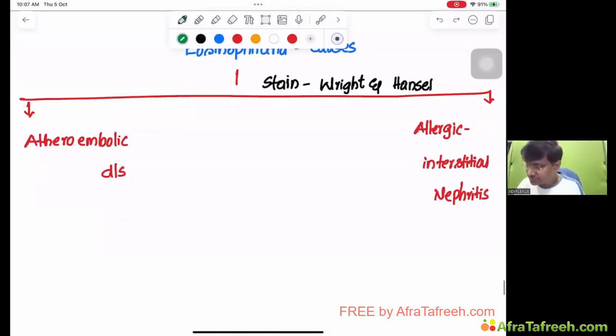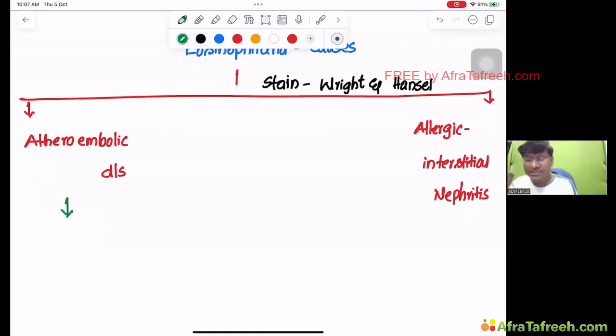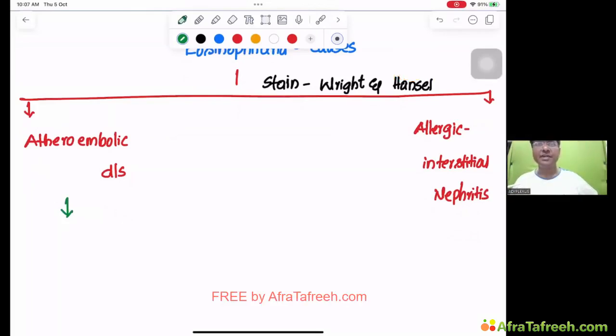Then you take this atheroembolic disease. See, the history will be very clear regarding these diseases. What will be that history? A patient with coronary artery disease has undergone coronary angiogram through the femoral route, and angioplasty was done, showing a pathological lesion in the left anterior descending artery, and that artery has been stented.